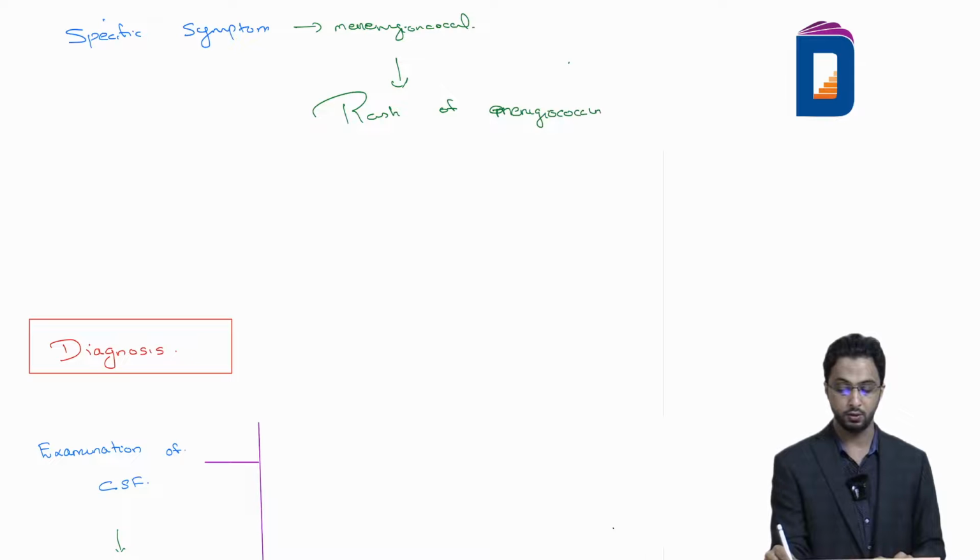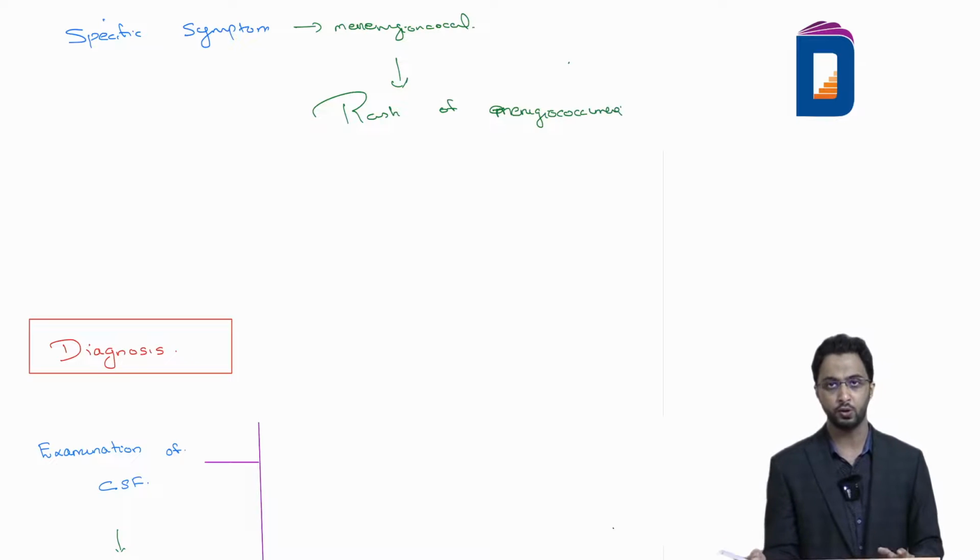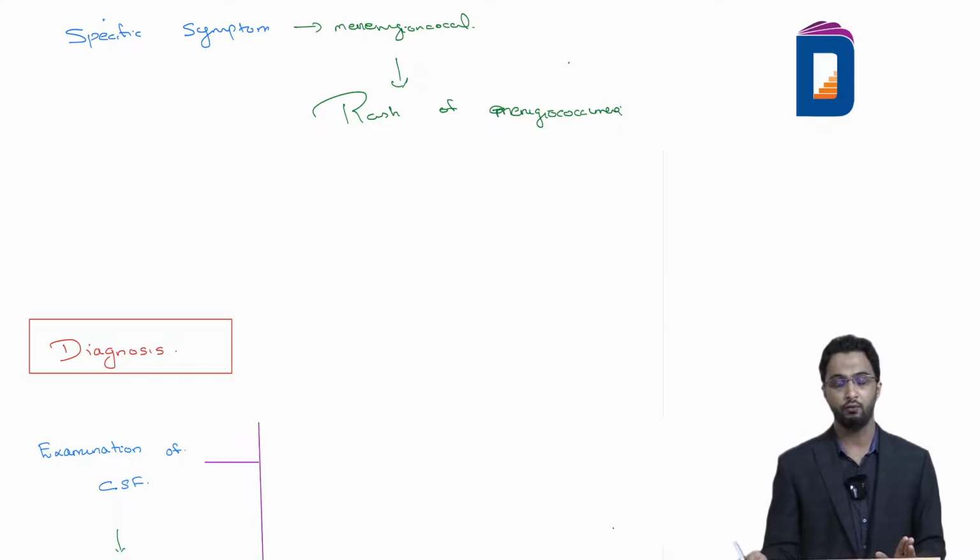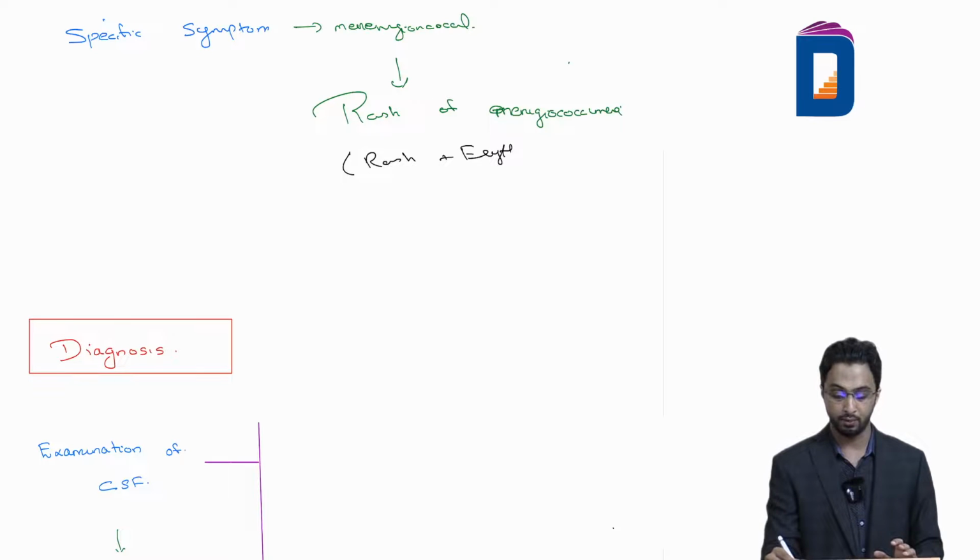When a patient is affected by meningococcal infection, the patient produces a rash. This rash is very specific. Basically it's a rash plus erythema.